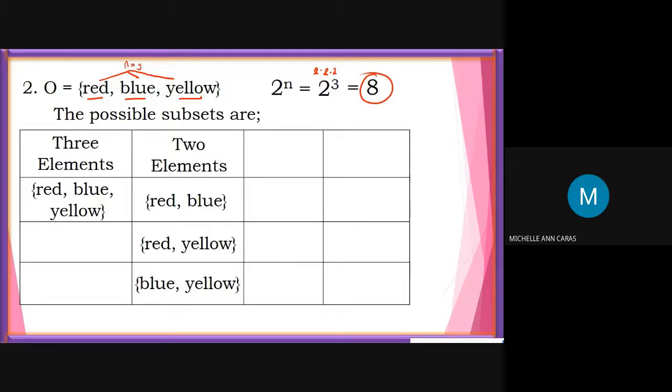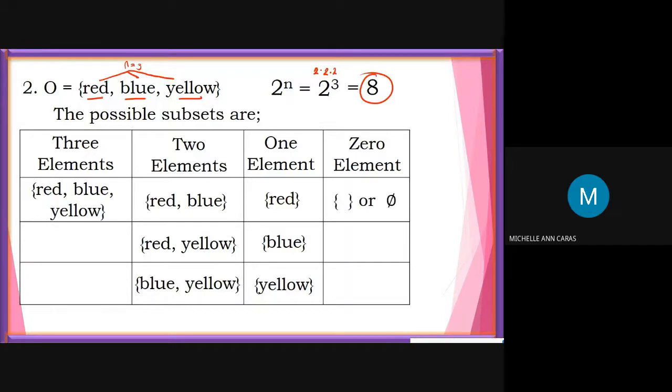After 2 elements, we also have 1 element. What is under 1 element? We have red, blue, and yellow. And last, we have 0 elements. What belongs to 0 elements? Of course, the empty set or null set, since it is always a part of or a subset of every set.